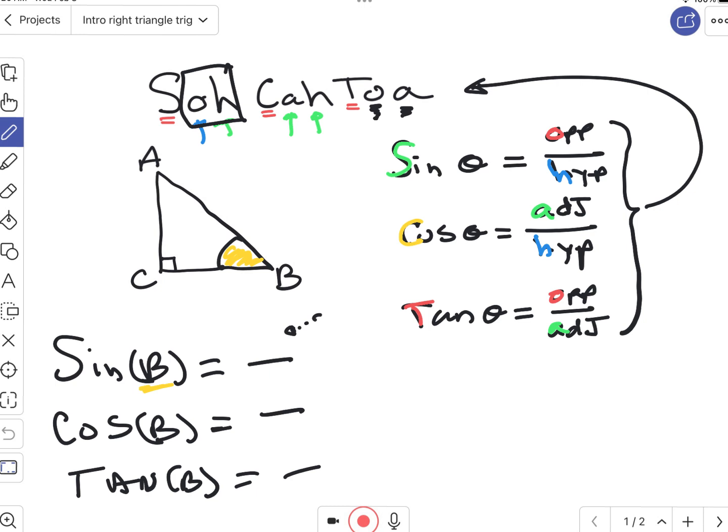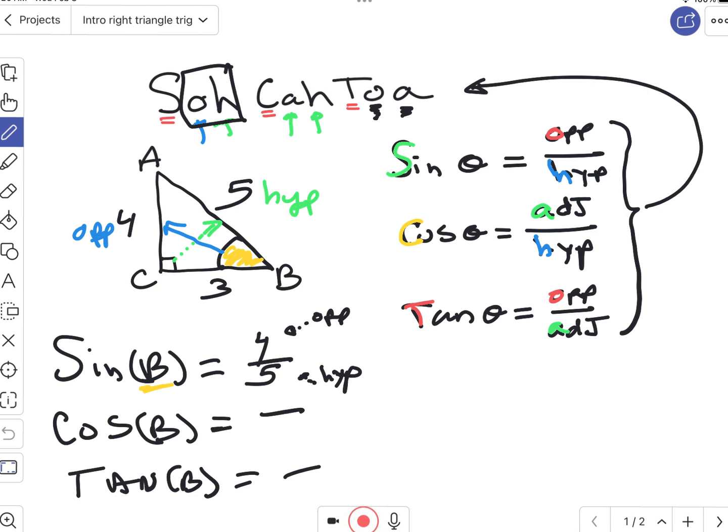So the opposite side goes in the numerator, and the hypotenuse of the triangle goes in the denominator. If this is 3, 4, and 5, then wouldn't the opposite side be 4? So doesn't 4 go in the numerator? And isn't the hypotenuse 5? Because it is across from the 90-degree angle, and it's also the longest side. So the sine of B is 4/5.